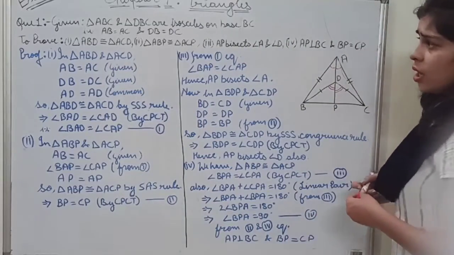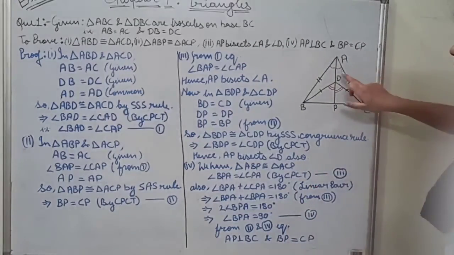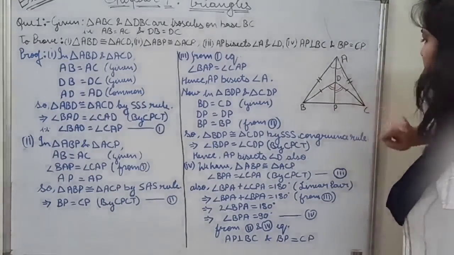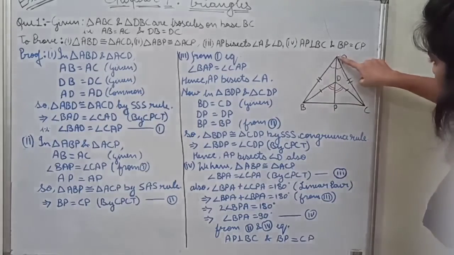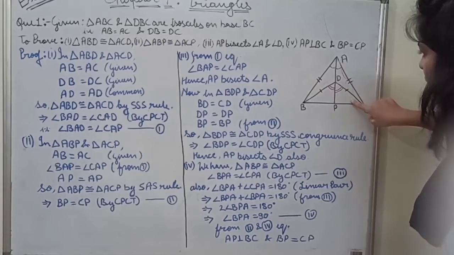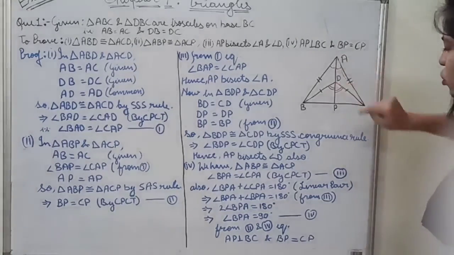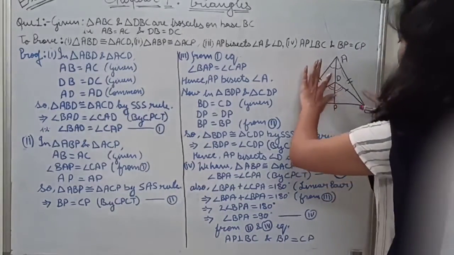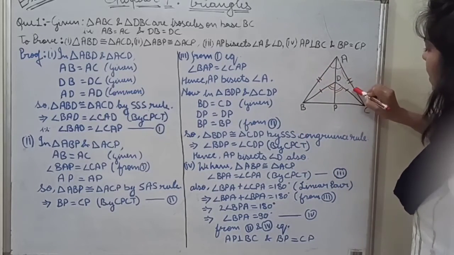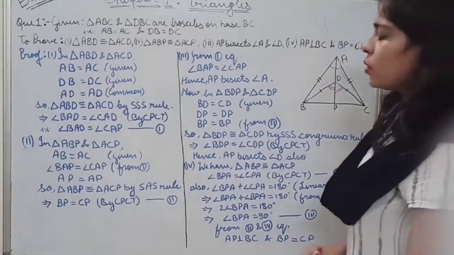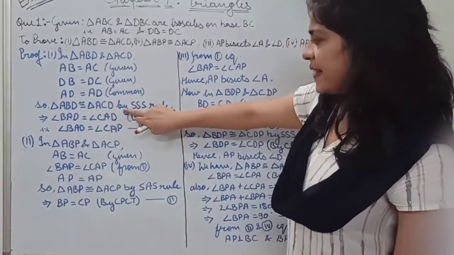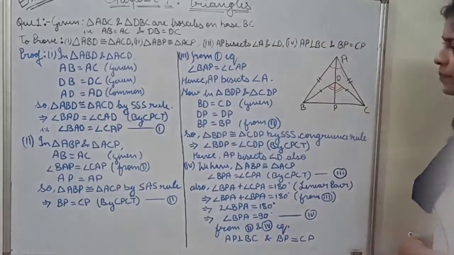Okay, first bit is in triangle ABD and triangle ACD. Clearly we can see that AB is equals to AC, DB is equals to DC, this is given, and AD is the common side. It means this triangle is congruent to this triangle by SSS congruence rule. Such that triangle ABD is congruent to triangle ACD, then their corresponding parts will be equal.